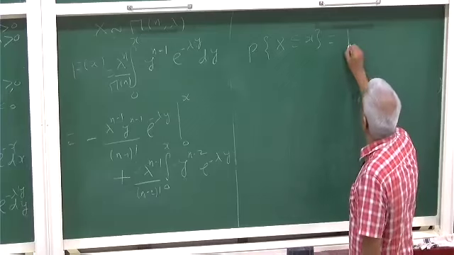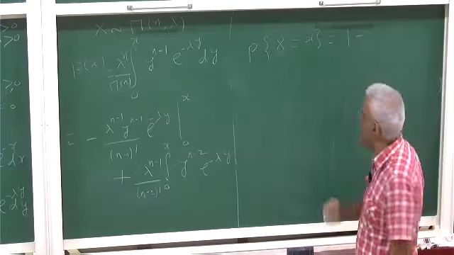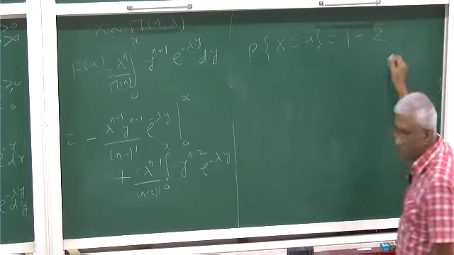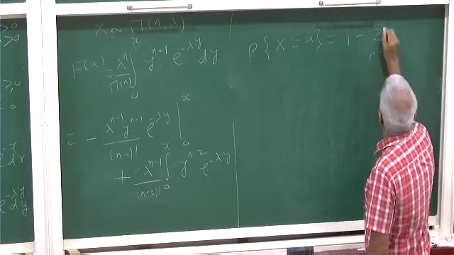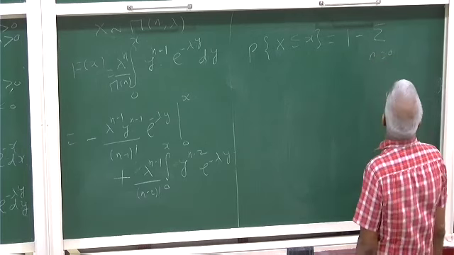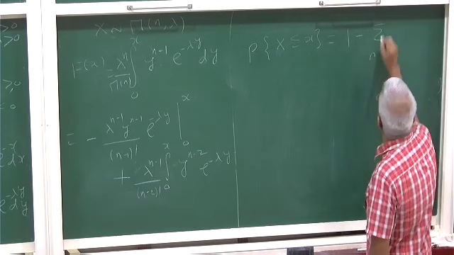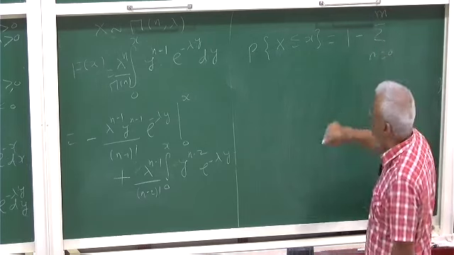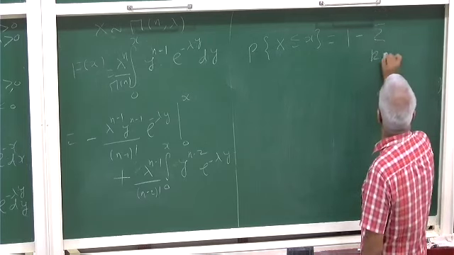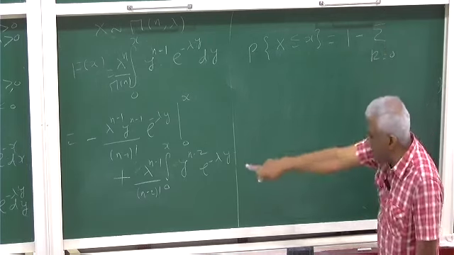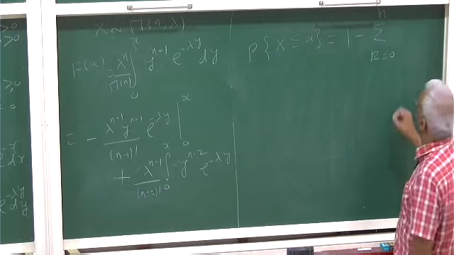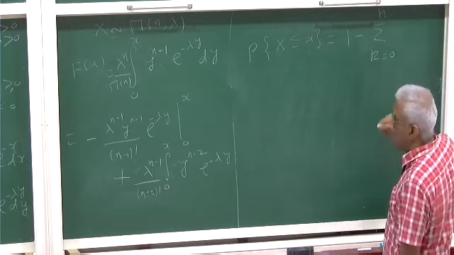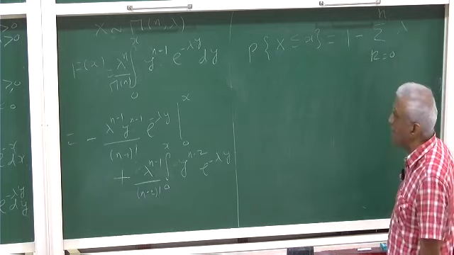So I will just write the expression. 1 minus summation, because I know the formula. k equal to 0 to n.